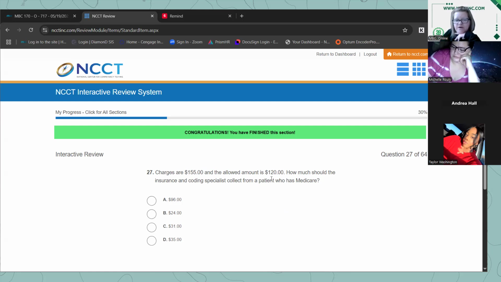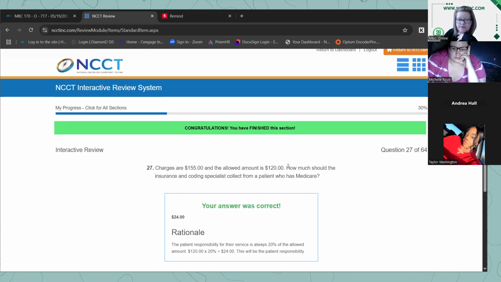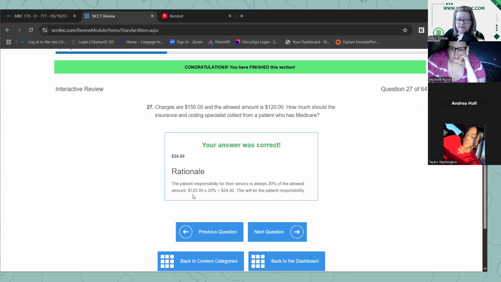So if the allowed amount is $120, should be 20% of $120 times 0.20. I'm coming up with 24 bucks. And you got to remember that Medicare is always 80-20. Your answer is correct. See, 120 times 20%, or if on calculator, 0.20.